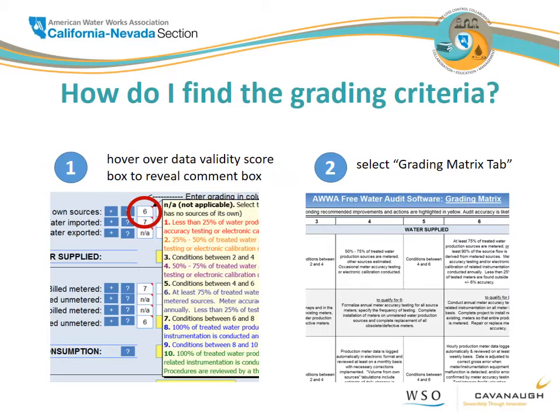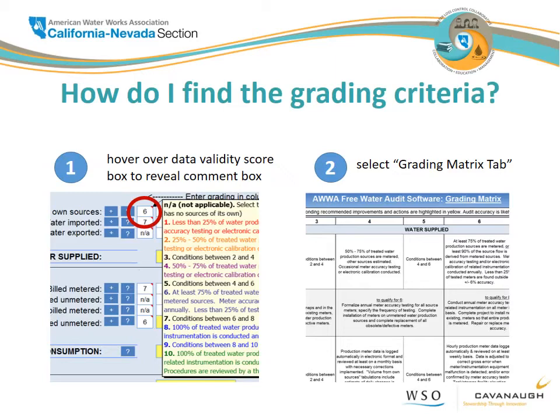The bonus feature for using the Grading Matrix tab is that underneath every line for a given input, in addition to that first line that describes or guides you on picking the right grade for now and what captures what's happening today, the line below it provides guidance on how you could move from today's grade up to the next highest grade.